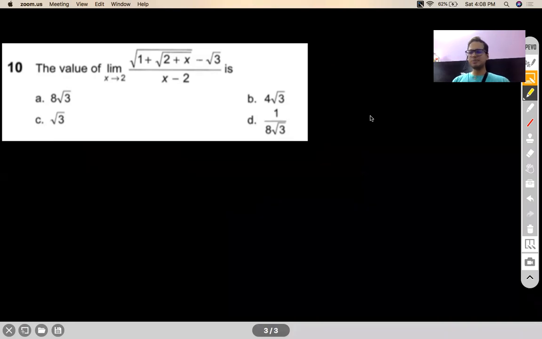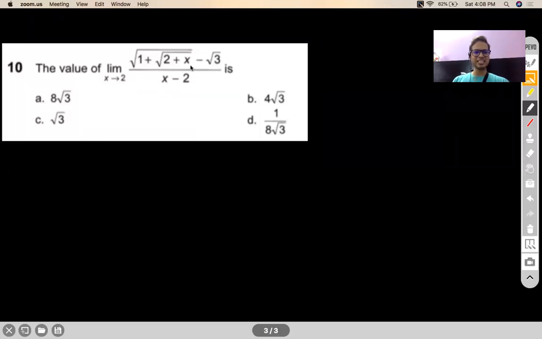But in the DPPs, many of the questions would have been solved by L'Hopital's rule. As of now, I will not be using L'Hopital's rule to solve any kind of question till I have officially introduced it to you. So if you've solved it, we can discuss it without wasting much time.